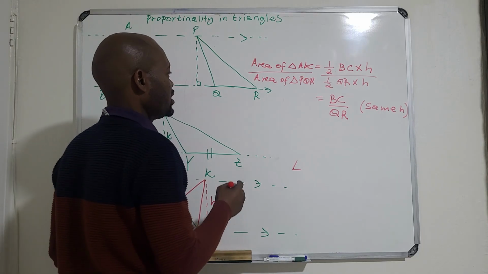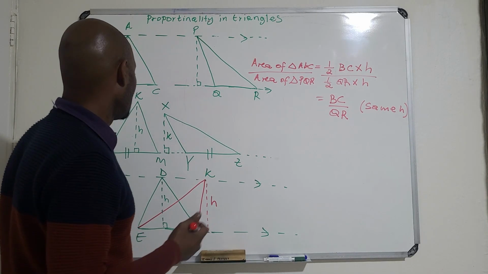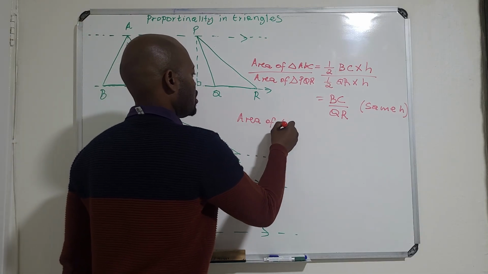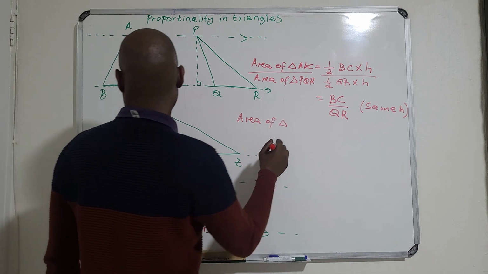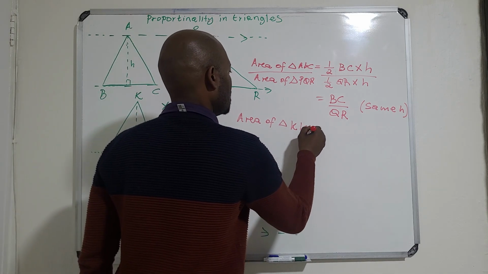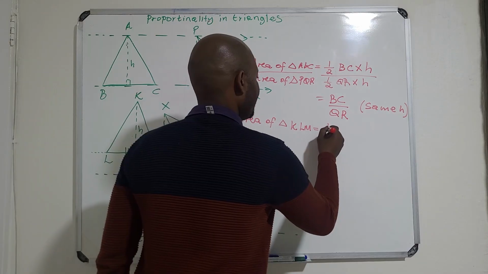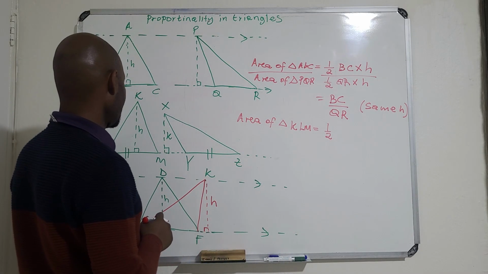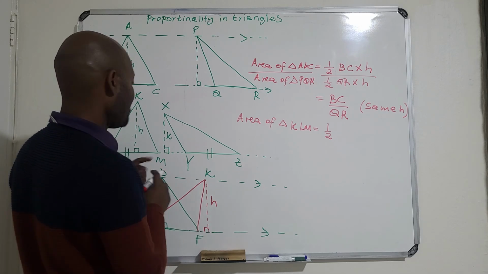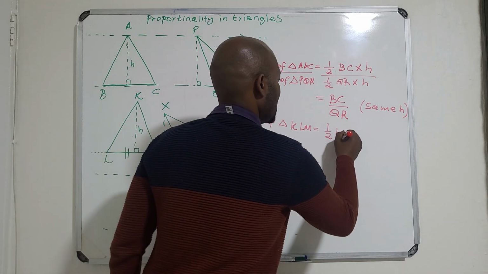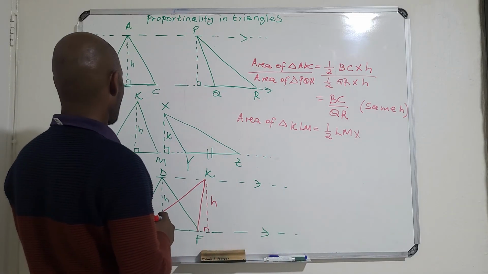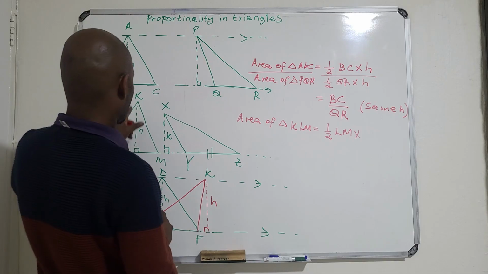Therefore, let's write that for this one here. The area of triangle KLM is equal to half, obviously, because the area of a triangle is half base times height, half LM, which is the base, times our height, which is H.